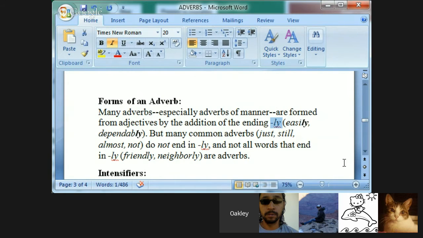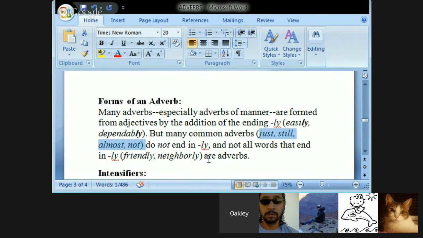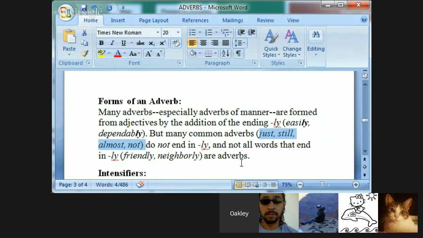More common adverbs, especially adverbs that have to do with time, have no ly ending. Things like just, still, almost. Not is an adverb. But commonly the ones you use that modify verbs usually end with ly. Usually, not always.